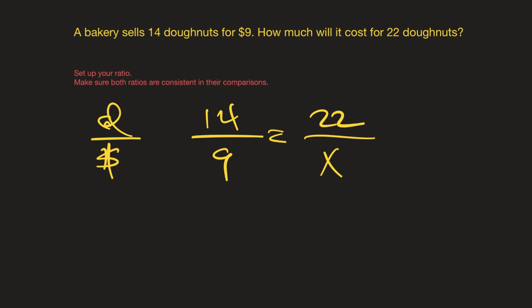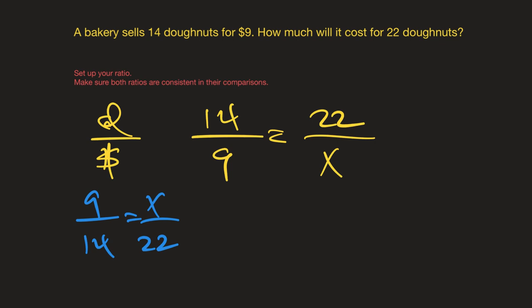Okay? You must be consistent. When you set up a proportion, if we're going to go donuts over dollars, then the numbers on top have to be donut numbers. The bottom numbers have to be dollar numbers. If you wanted to flip it over, you could have done it this way. It doesn't matter as long as you're consistent with both.